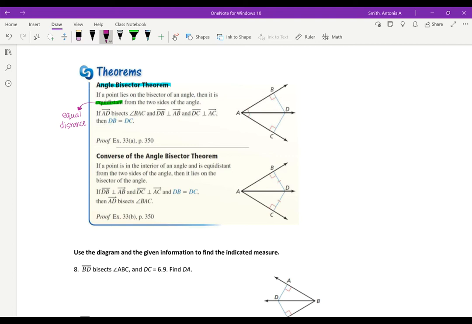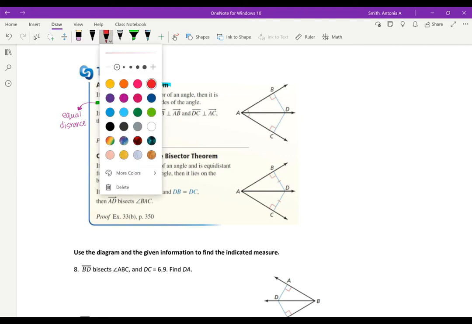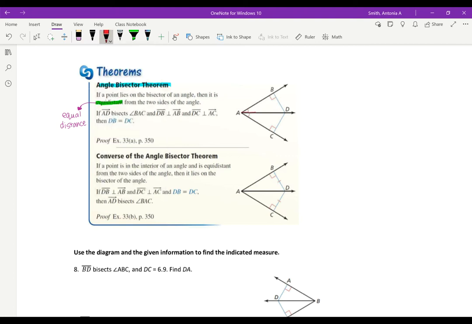Okay, so using this picture, we have our angle bisector. Let me highlight it in red here. Here's your angle bisector. That's not what I wanted. I want my highlighter in red. There.